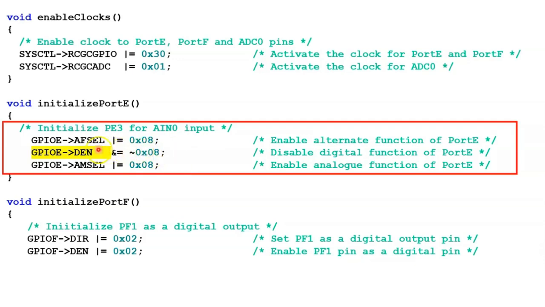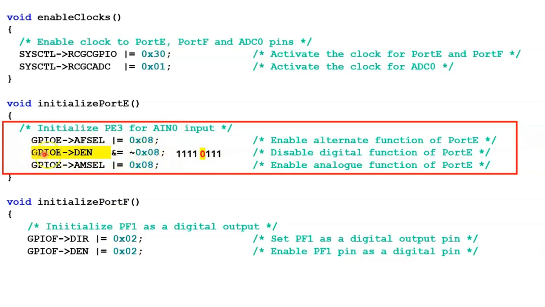So when we perform a bitwise NOT operation on this, the result is that all zeros become ones and the 1 becomes a 0. So that's the effect of this bitwise NOT operator.